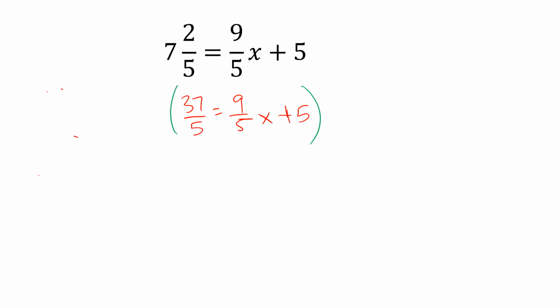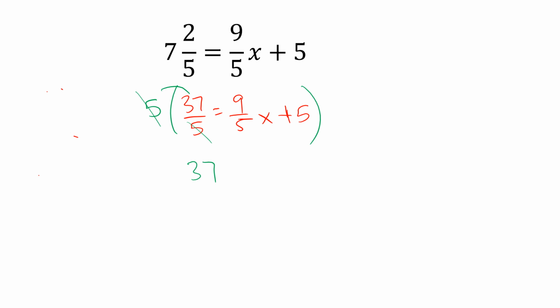That's 5. The common denominator is 5. So it's going to be like the distributive property. 5 times 37 over 5. Notice the 5's cancel, and you're left with 37.